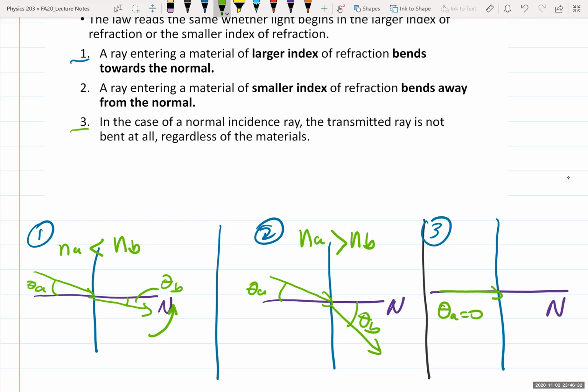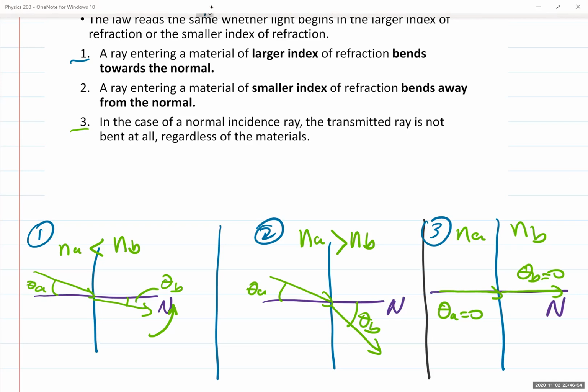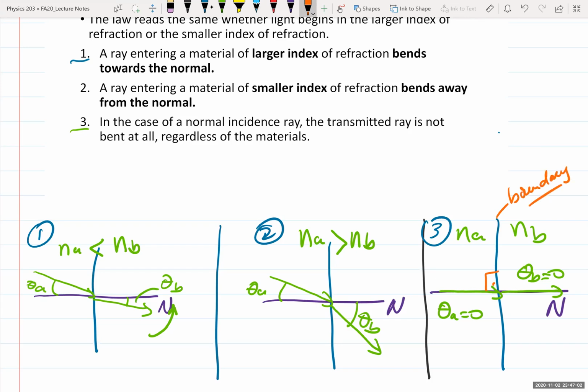The refracted ray will be the same, so theta sub B would be equal to 0, regardless of the relationship between NA and NB. Doesn't matter which one is bigger or smaller. If the ray is perpendicular to the surface, it's 90 degrees to the boundary, meaning it is 0 degrees from the normal, because remember the normal is perpendicular to the boundary, then the ray will not bend.